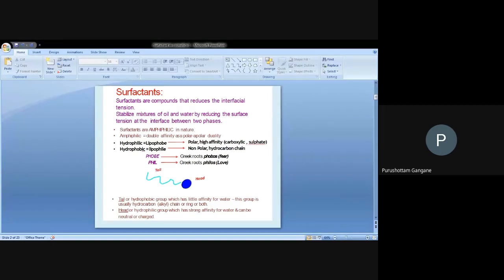Viscosity property, maybe. Viscosity is a different thing.